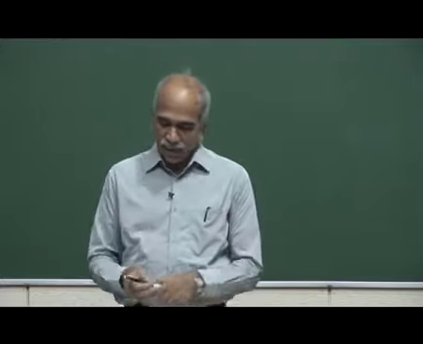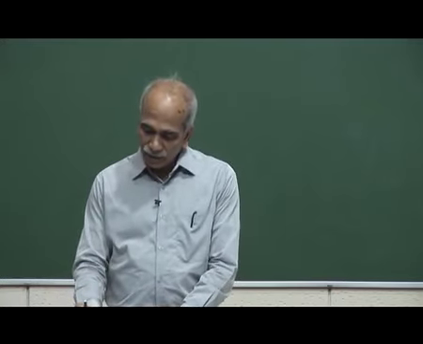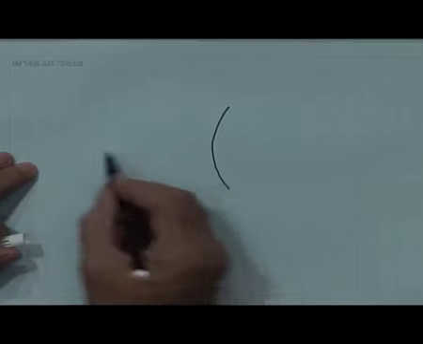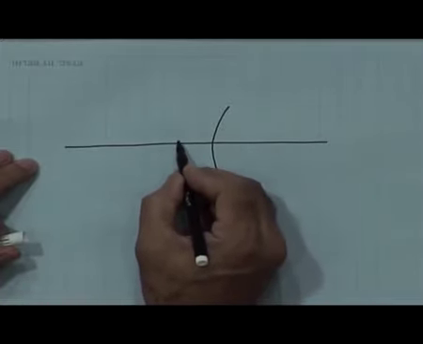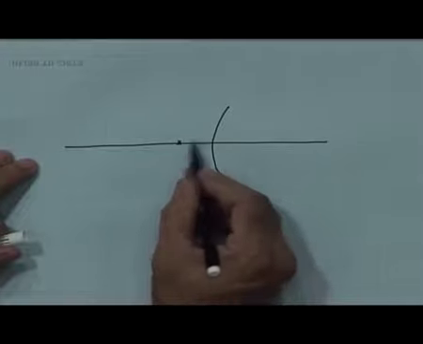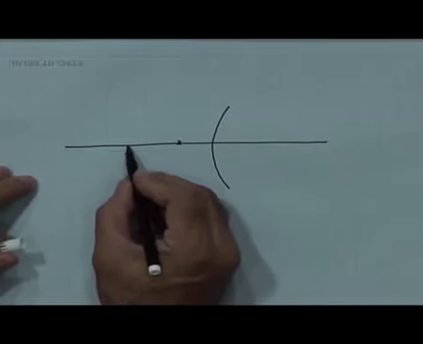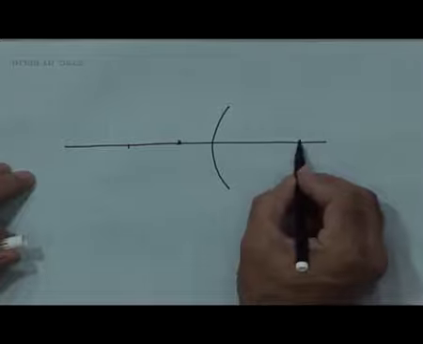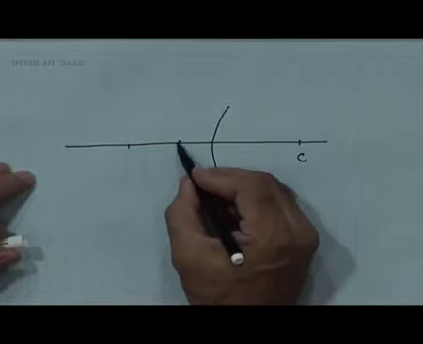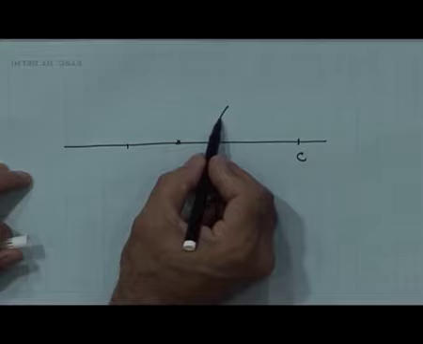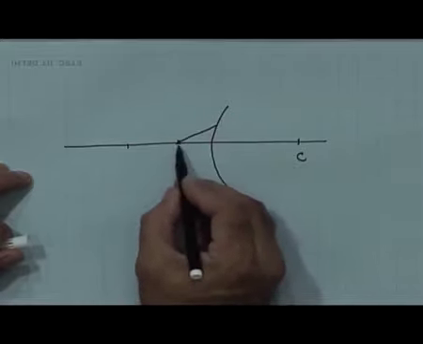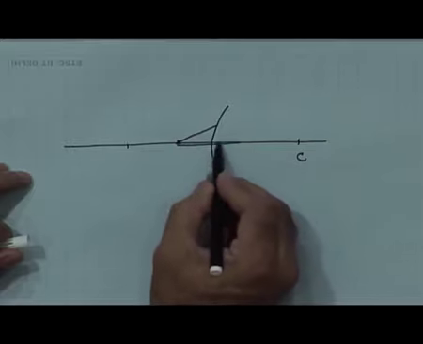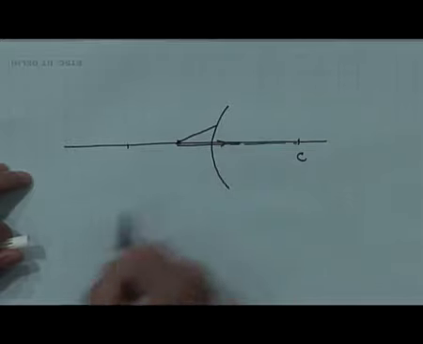So, the situation is what I had briefly explained earlier. We have a spherical surface like this and here is the axis, and in this case the object point is relatively closer to the surface. The center of curvature is somewhere here, on this side. Let me take a ray like this, one ray going like this, normally incident, will pass through.